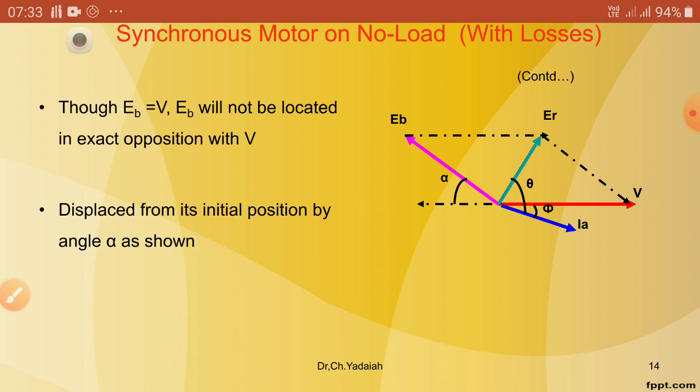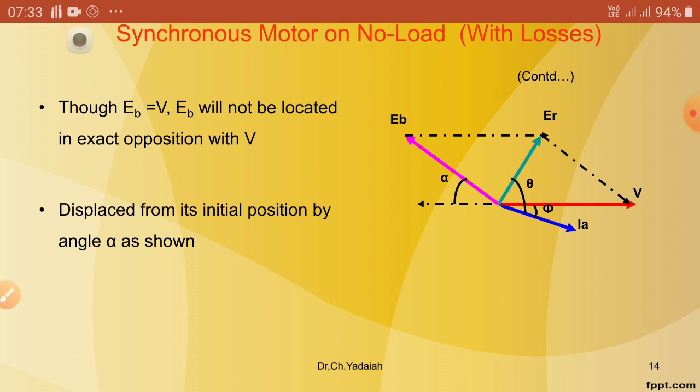Similarly, you can see here that EB is displaced from its initial position by the angle alpha, as shown in the figure, and that is the load angle or coupling angle. In this case we know that there are two vectors, V and EB, so vectorially we can sum them. So ER is the resultant voltage.